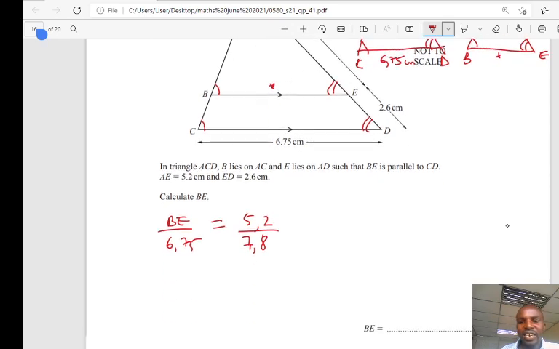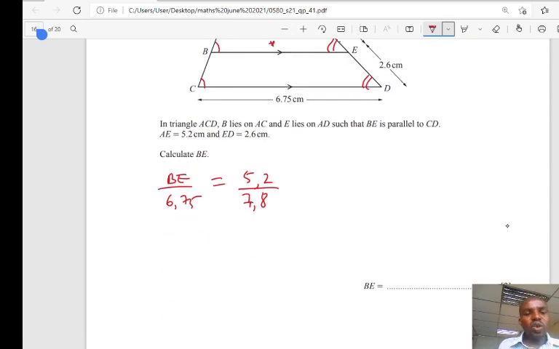AE and AD, right? Then you can cross multiply here. 7.8 BE is equal to 5.2 times 6.75.